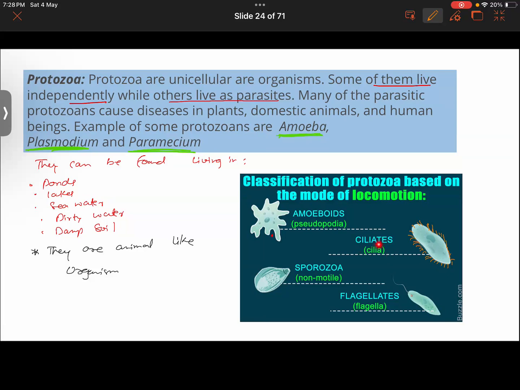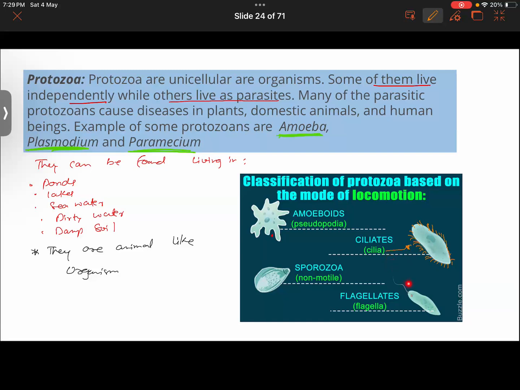So those types of protozoa are called ciliates. These leg-like structures that allow them to move from here and there are called cilia. Just like the false legs of amoeba were called pseudopodia, the legs of the ciliates are called cilia. You guys getting it or not?